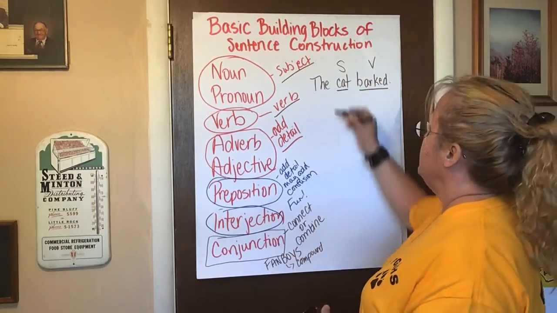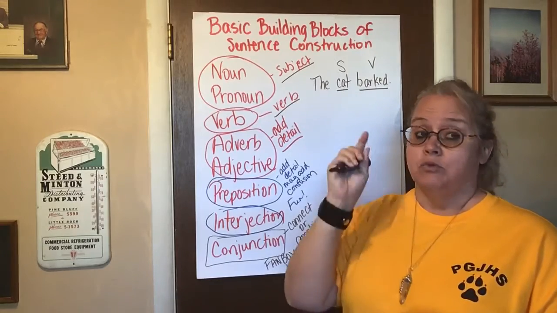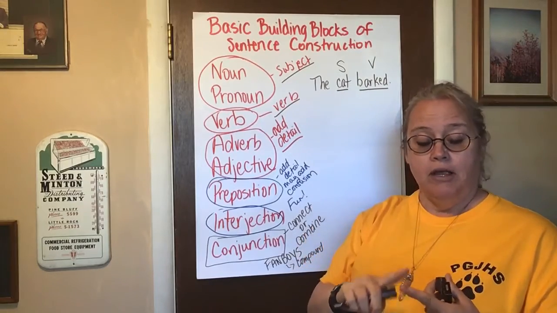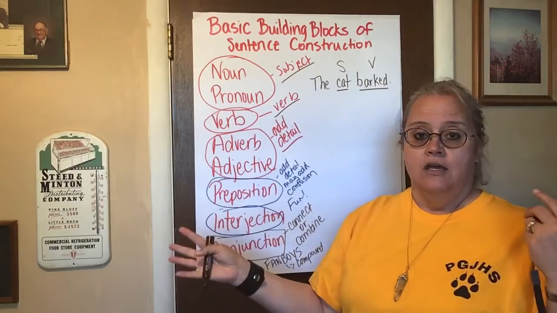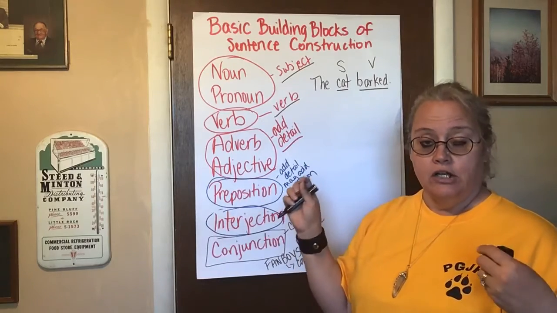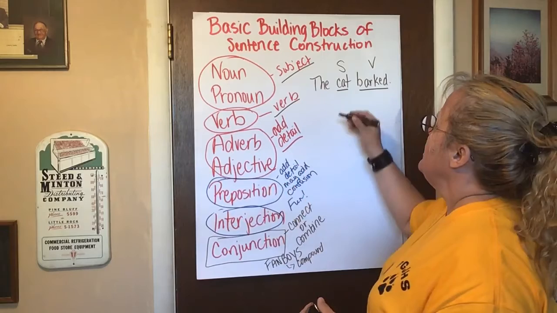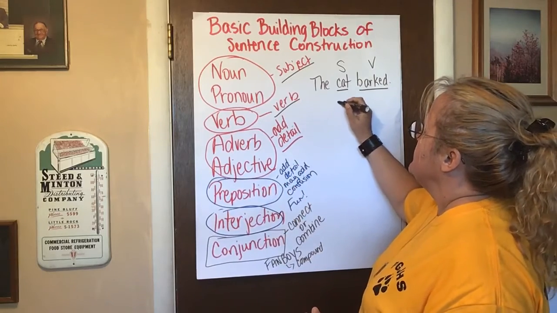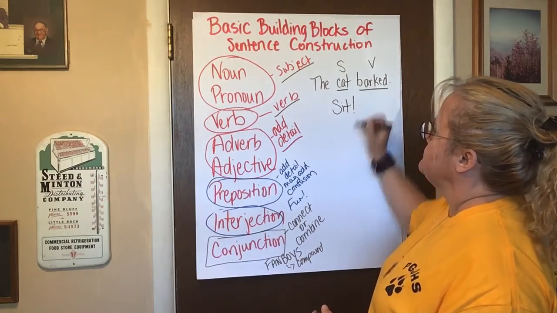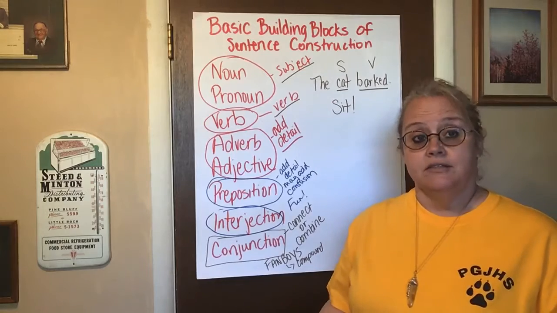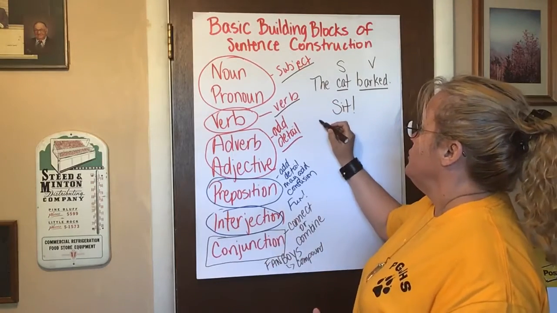If I said, even in sentences, remember we had talked about our imperative, interrogative, our declarative, those kinds of sentences. Even if I said sit, that still has a subject. It's just the understood you.